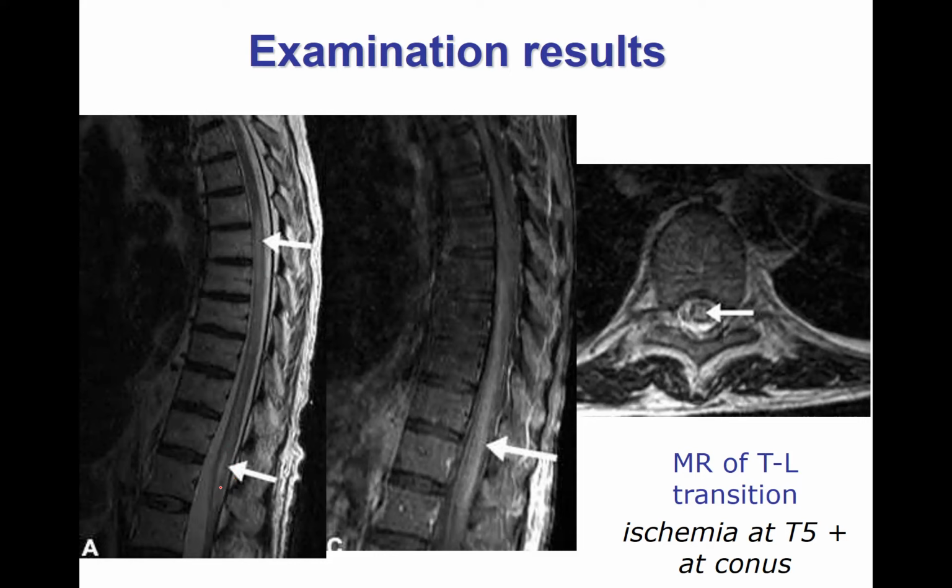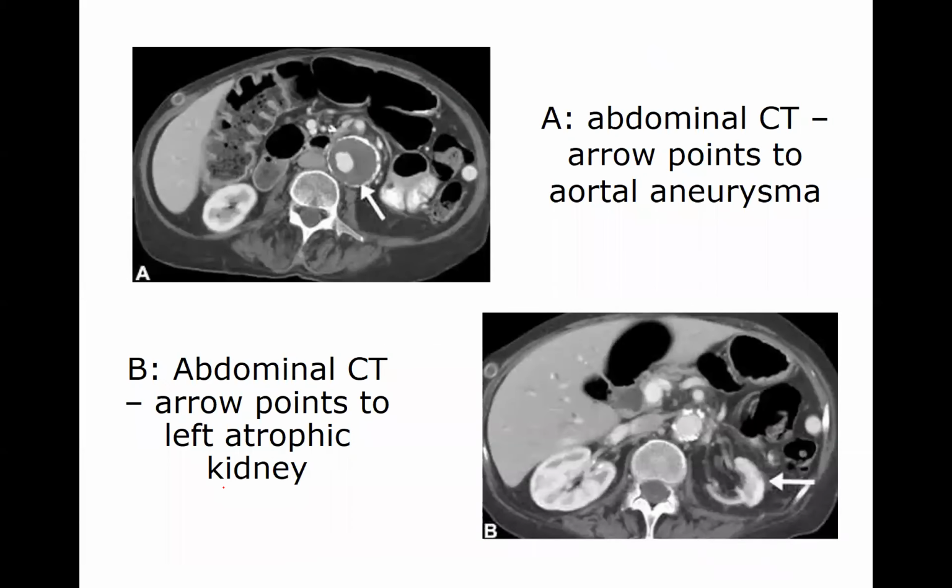You will learn this later in imaging methods. And if you then look at the previous CTs, you will find this aneurysm of the aorta and even problems with the kidney. So the aneurysm of the aorta closed the renal artery and the kidney here was ischemic.